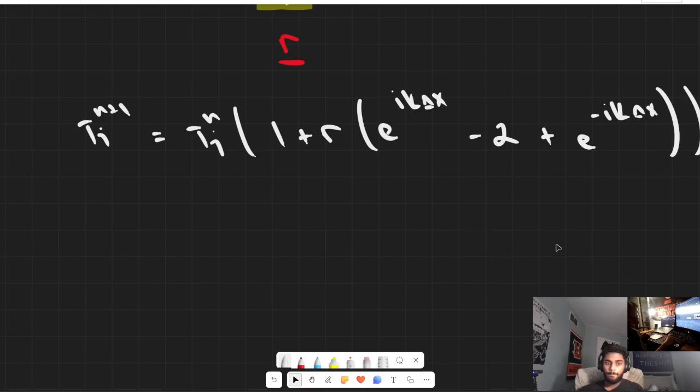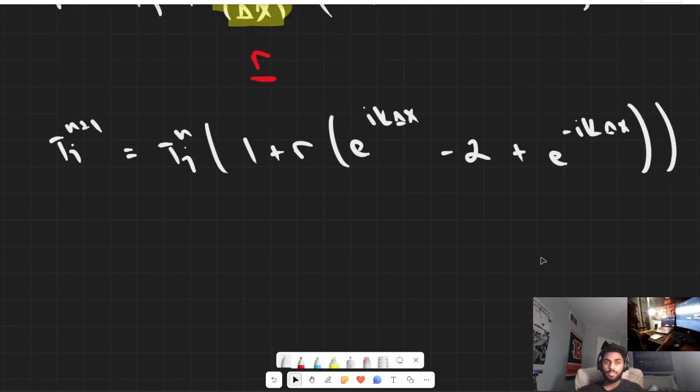Now, what we have to say is we need to set some boundaries on this. So what exactly do we mean by that? Well, we know that this r is some constant defined by our parameters.